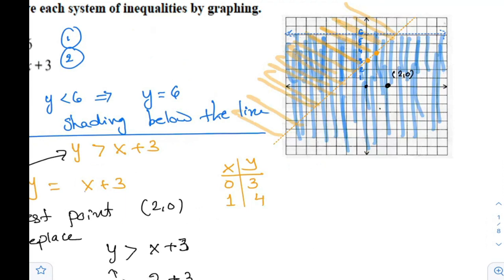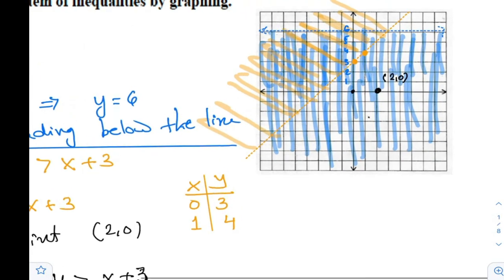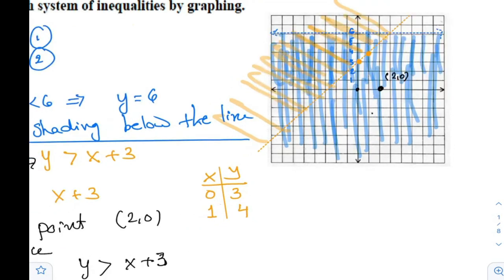So I will shade the other region. And this proves that what we have done was the correct shading. So that means there is an orange shading and the blue shading. Where is the solution? The solution actually is the region that includes both shadings, overlapping, the intersection.